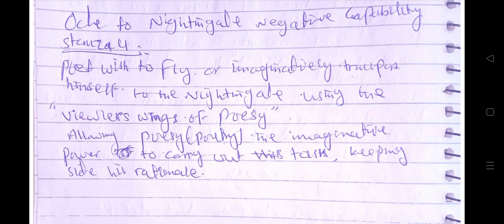The poet wishes to fly, or imaginatively transport himself, to the nightingale using the wings of poesy. Poesy means poetry, allowing poetic imagination the power to carry out this task, keeping sight of his rationale. So these are examples you can quote from his poems, examples of negative capability.